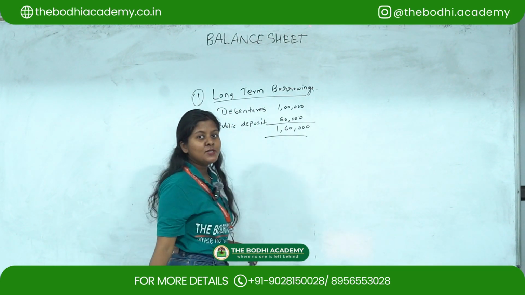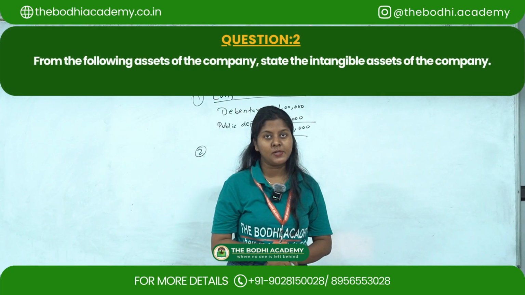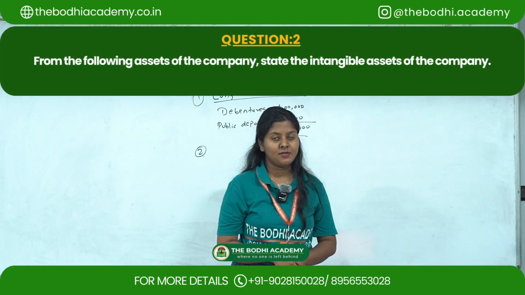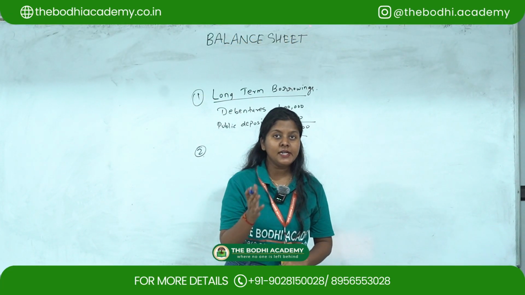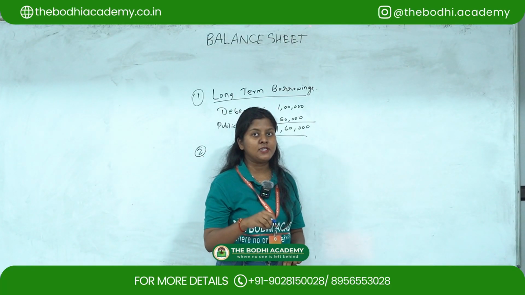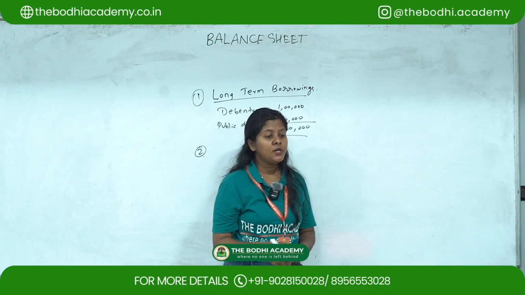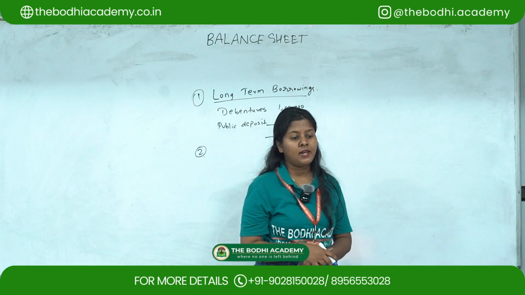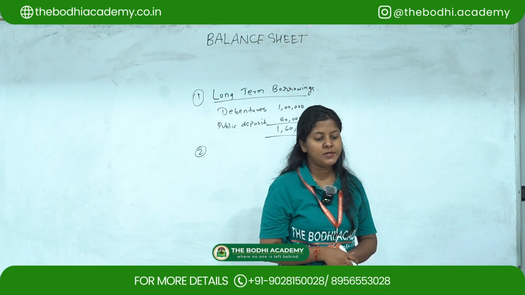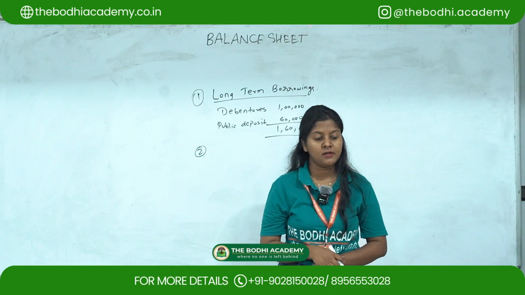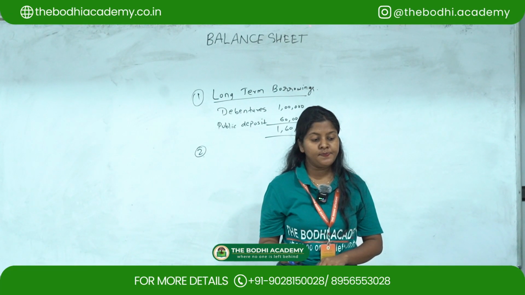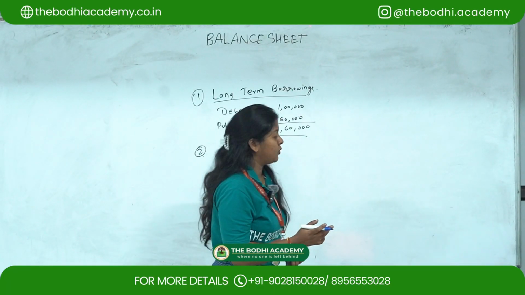Second MCQ is, from the following extracts of the company, state the intangible asset of the company. So here intangible assets are those which you cannot see or which you cannot touch. The options given are livestock, recipes, tools, masthead and title. Livestock is tangible. Recipes you have to take.